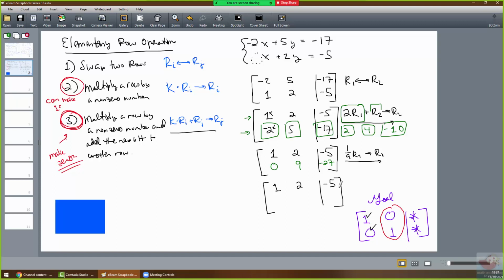In the second row, we're going to multiply through by 1/9. 0 times 1/9 is 0. 9 times 1/9 is 1. And negative 27 times 1/9 is negative 3. So we got the 1 where we need it.